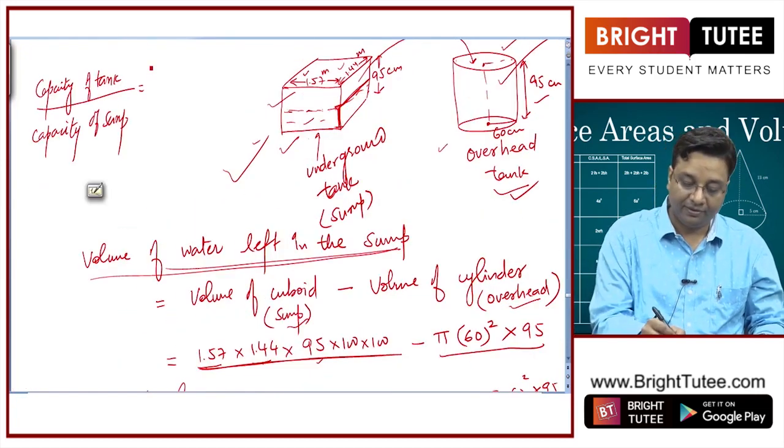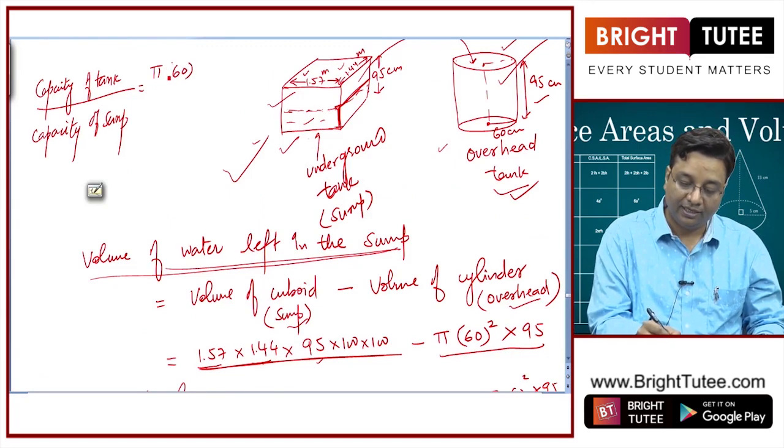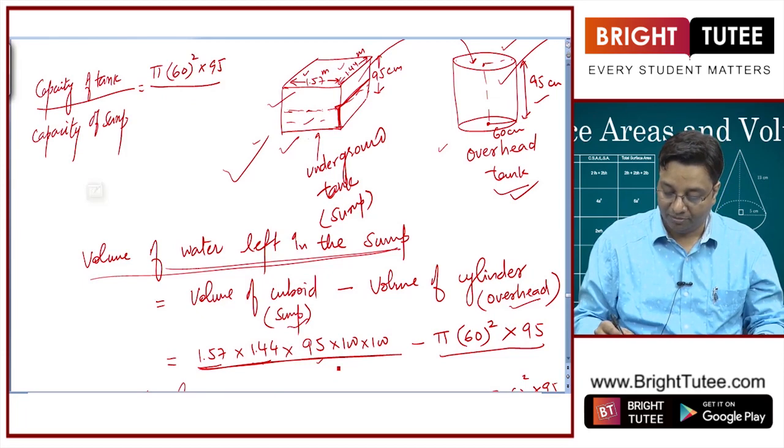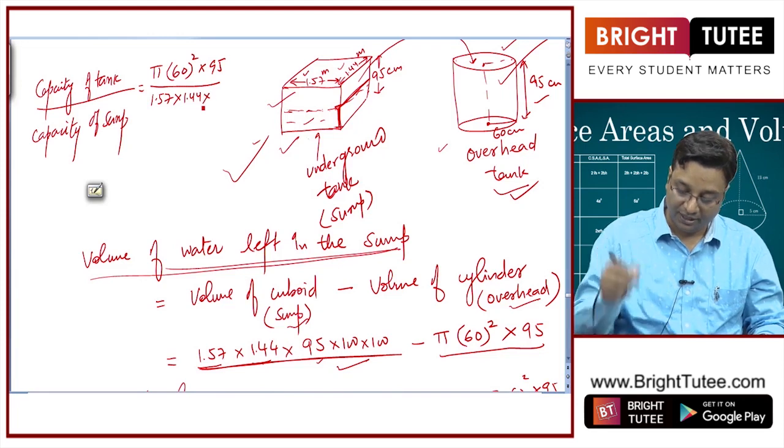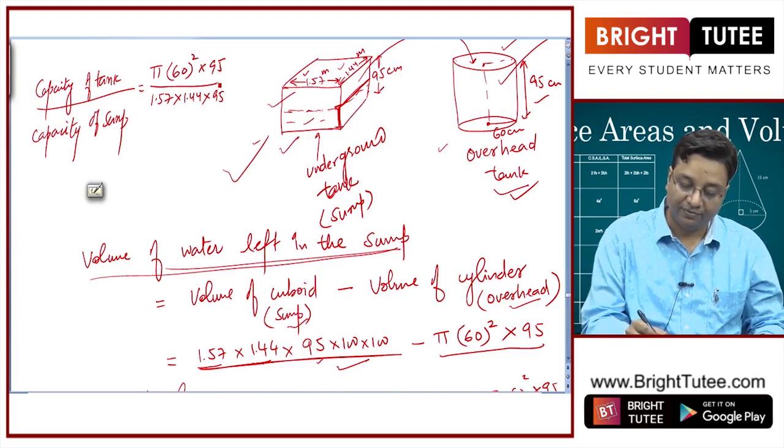It is pi 60 squared into 95, and what is the capacity of the sump? It is 1.57 into 1.44 into 95 into 100 into 100.